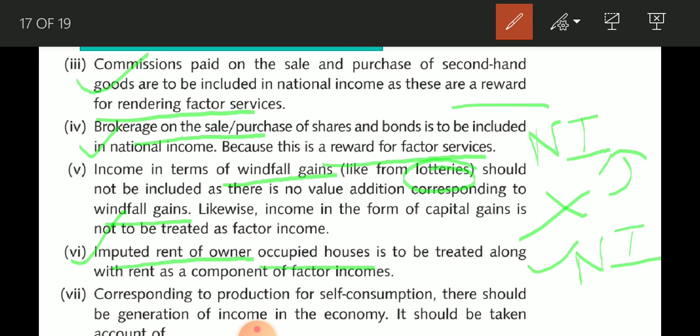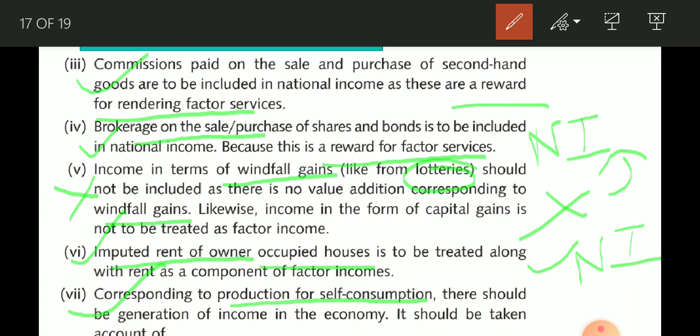Okay, now next is self consumption. Production for self consumption is also included in national income.